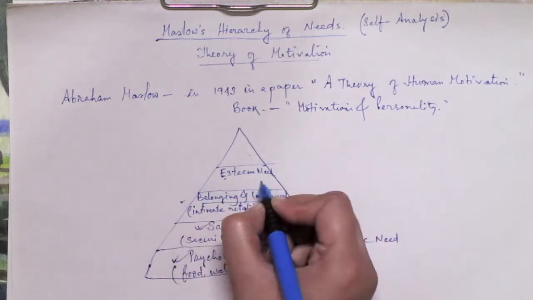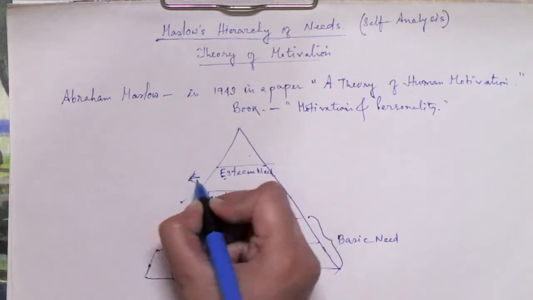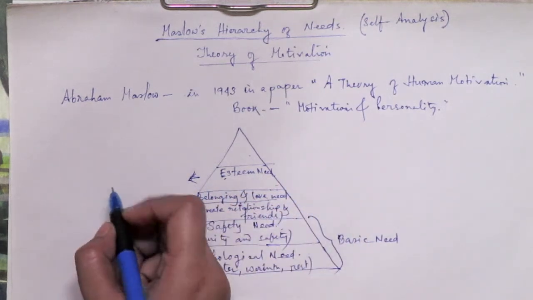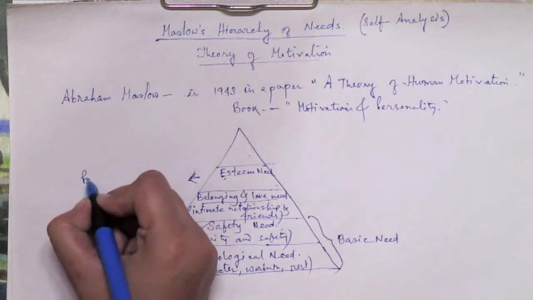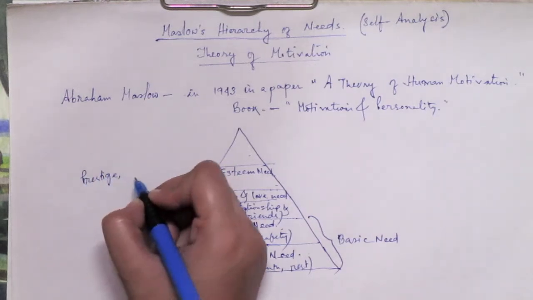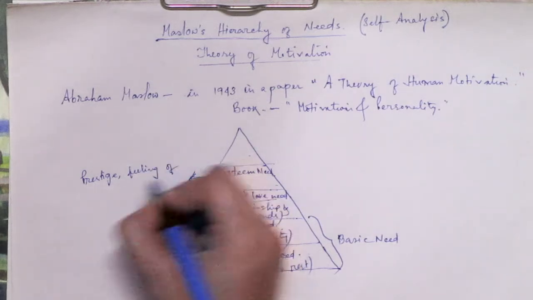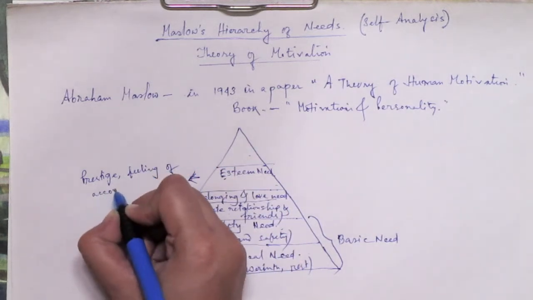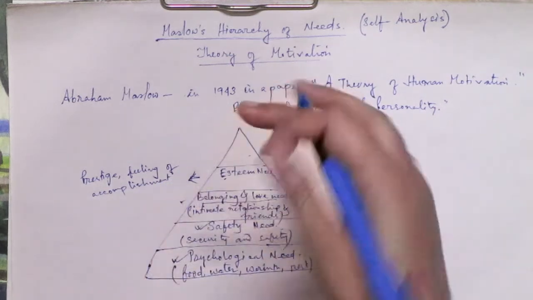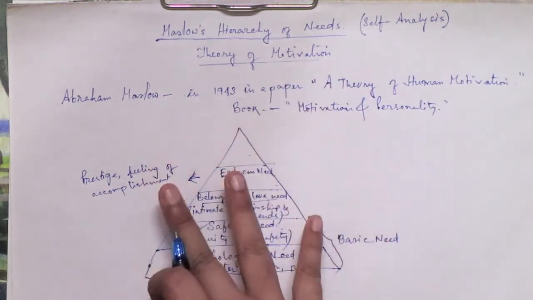What are they? Esteem needs are, let me write it here, as I am not getting enough space to write it here, you cannot see it properly. Esteem needs are prestige, feelings of accomplishment, that I have done this work and with success I have completed this work.